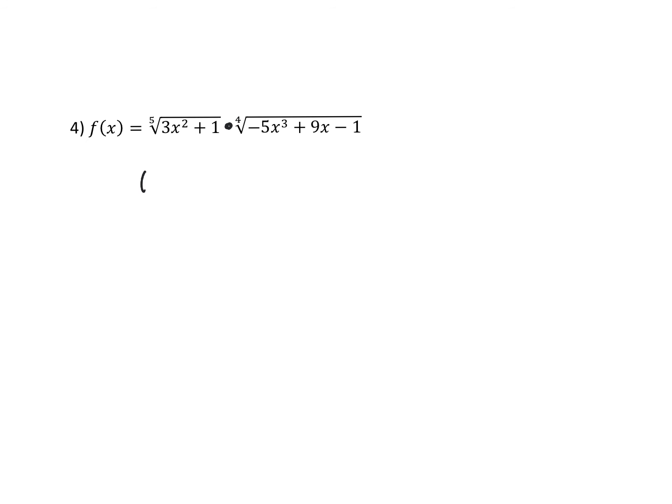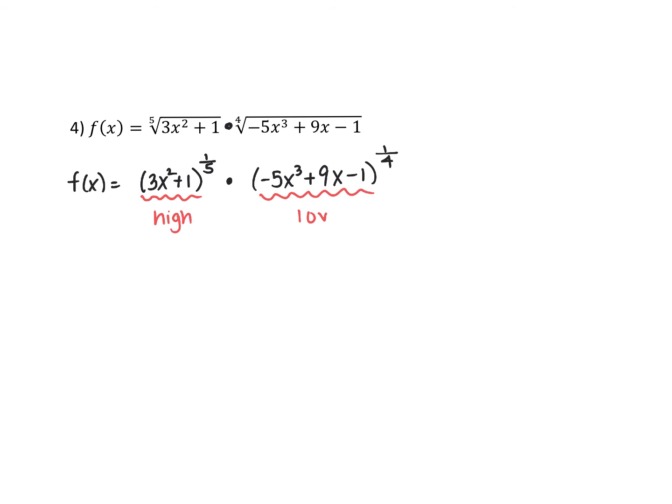So what I'm going to do is first rewrite this fifth root as a power of 1/5 instead. And as a fourth root, I'm going to raise it to the 1/4 power instead. So first, I'm going to rewrite it. And then second, let's label this as my high function and this as my low function.